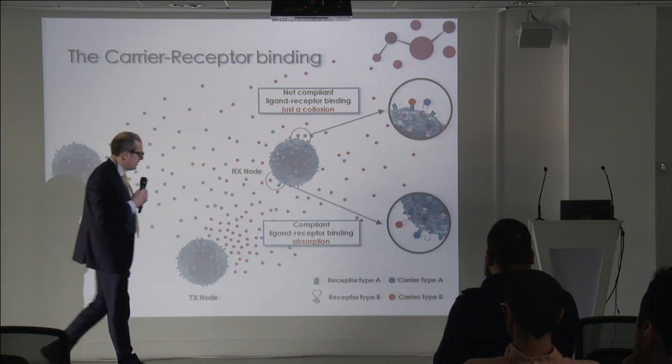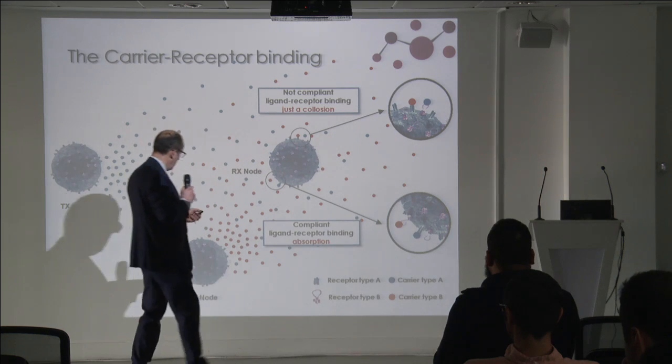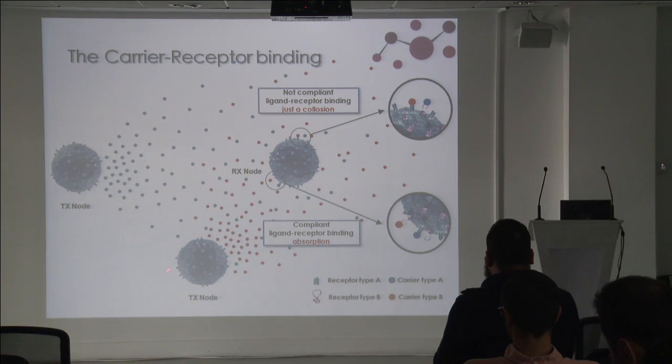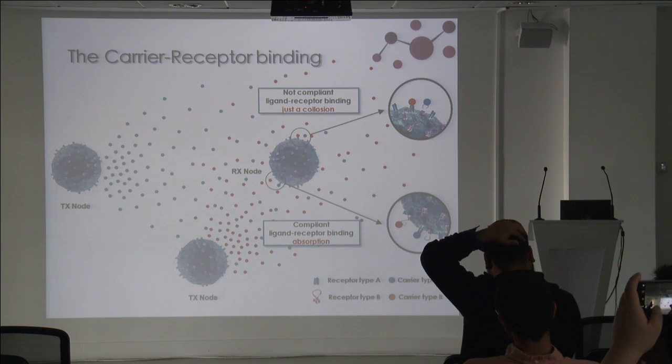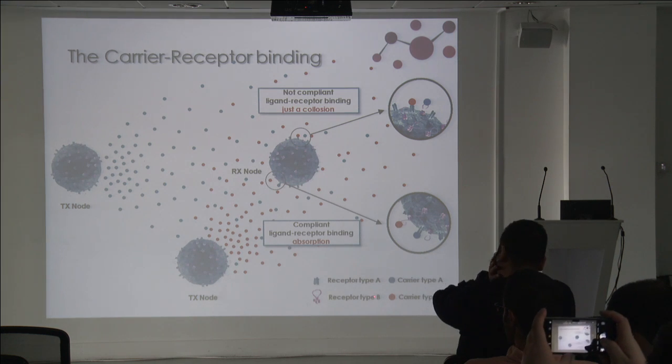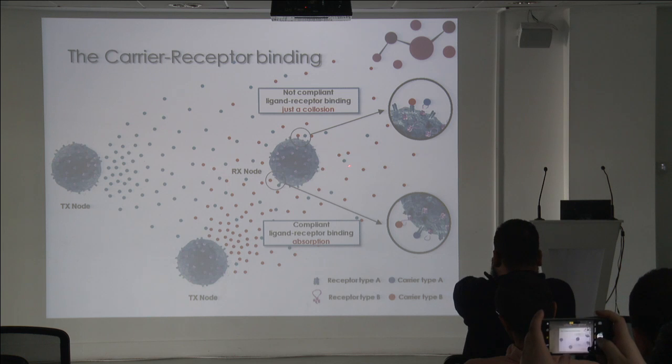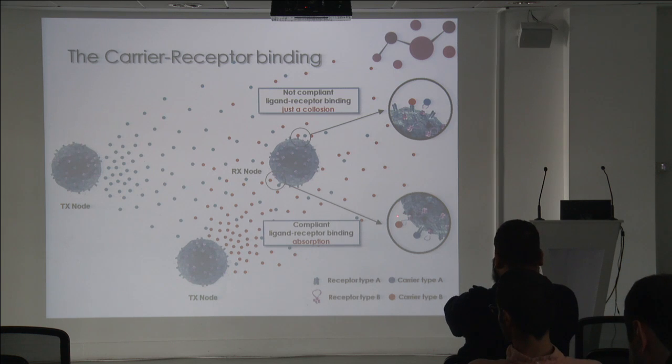Here, this one emits carriers of type B, and this receiver node implements both receptors of type A and type B. In case a receptor hits a carrier of the same type, the carrier is internalized, absorbed.